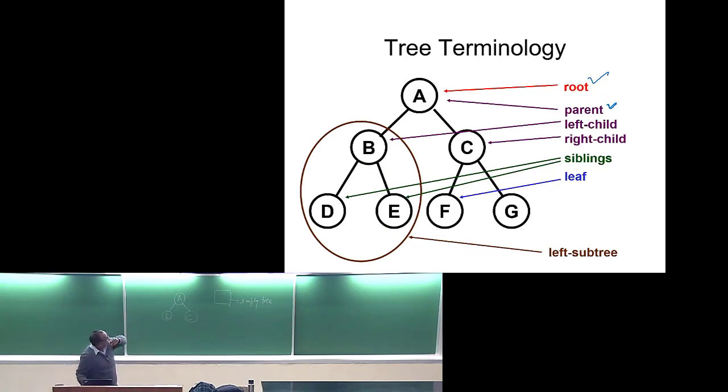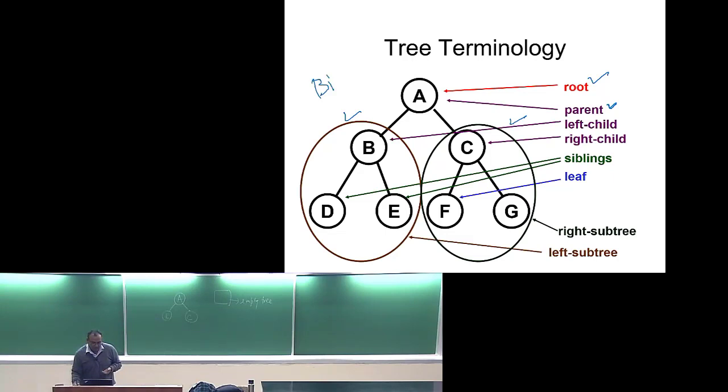In this picture we have a left subtree which is defined by the nodes B, D and E, and similarly we have the right subtree which is defined by C, F and G. And if you look at these trees, these are again binary trees, right? You see the recursive definition of a binary tree. Okay.